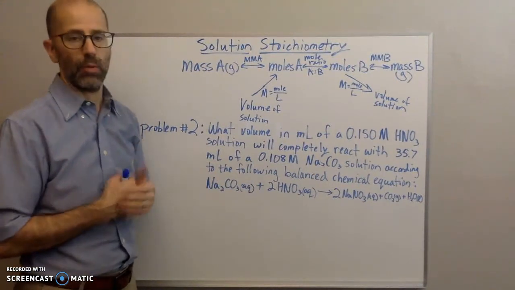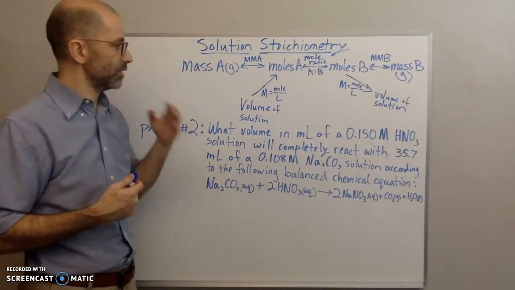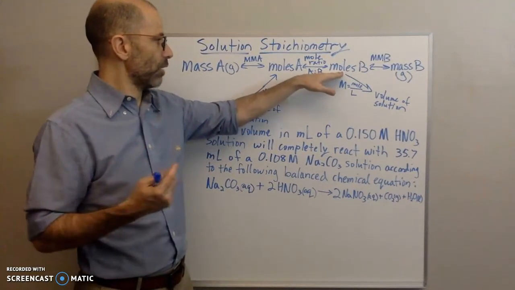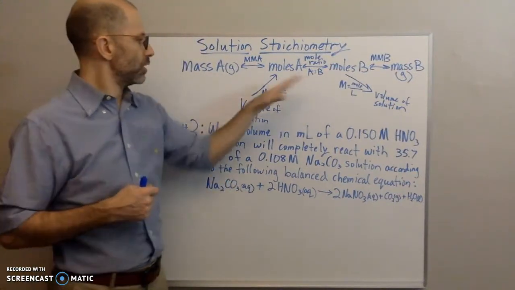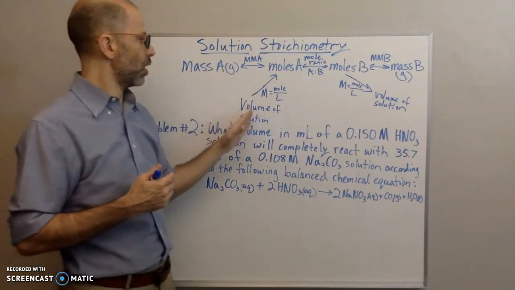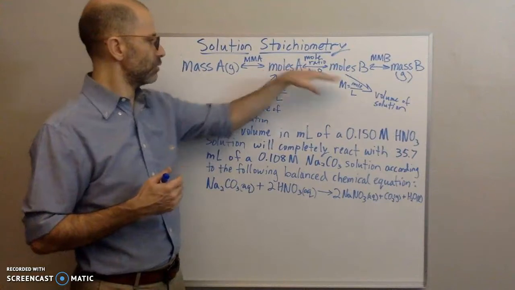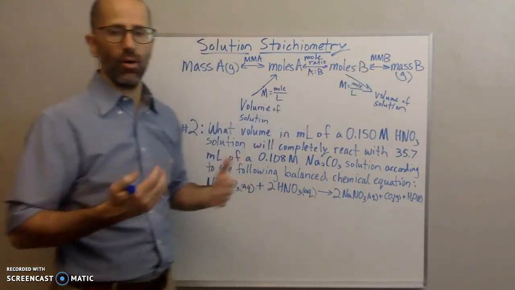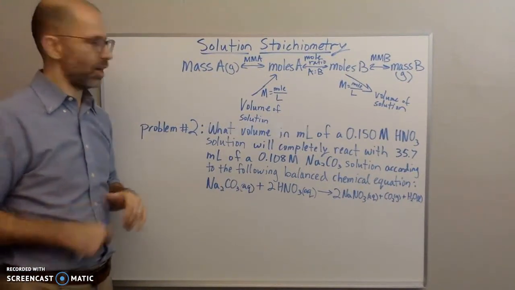Or if they want grams, maybe the grams of a product, then once you get to moles of B and they want grams, you would convert using the molar mass. So depending on what the problem is asking for or what they give you, you can get onto this highway either from volume to volume, or from volume to mass, or anything like that. So that's what solution chemistry is really about.